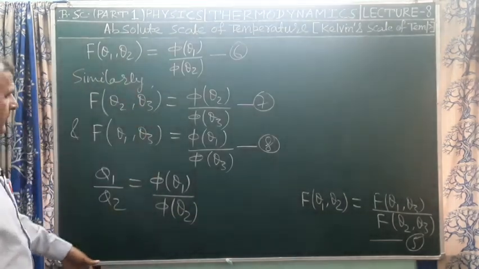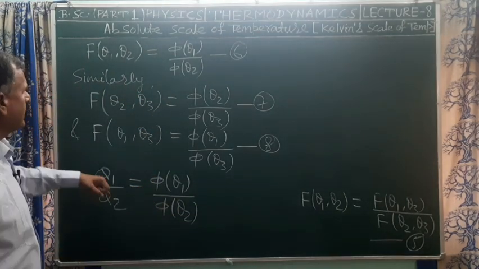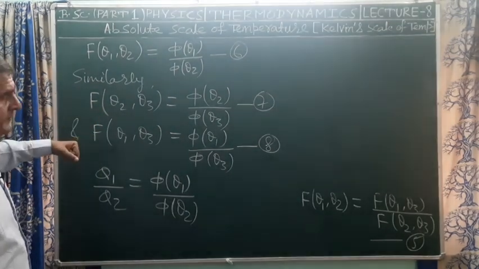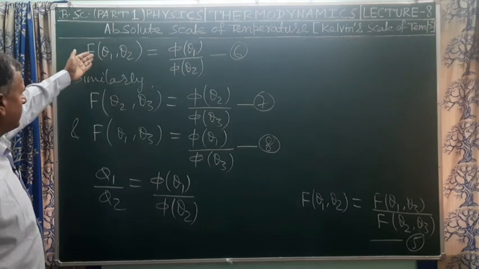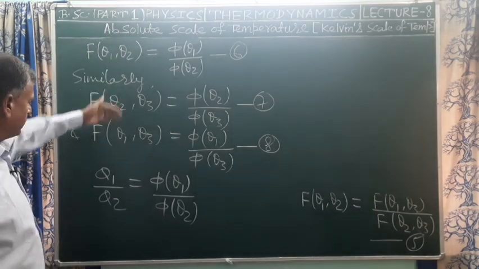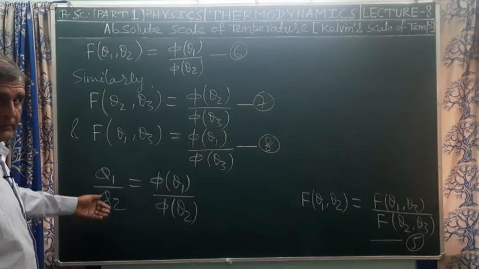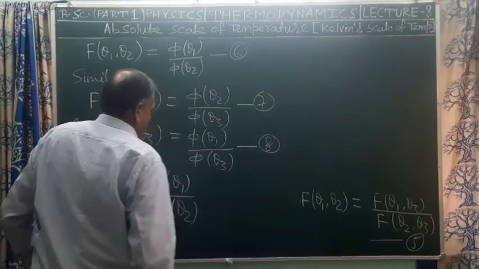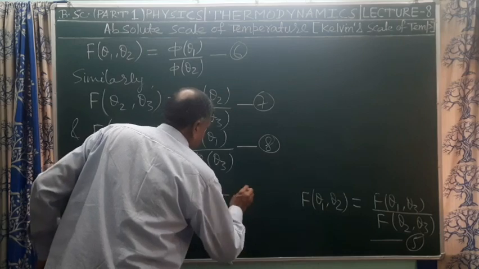Equation 6 का RHS phi theta 1 upon phi theta 2, और equation 1 की help से F under bracket theta 1 comma theta 2 की जगह पर replace किया गया Q1 by Q2, जो कि equation 1 के LHS में present है. And suppose it is equation number 9.